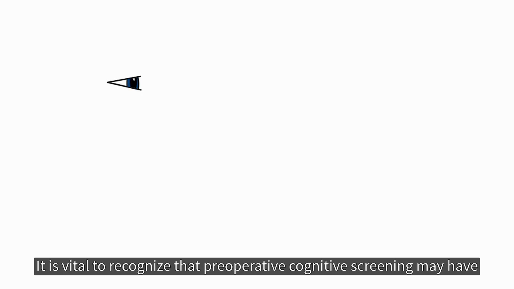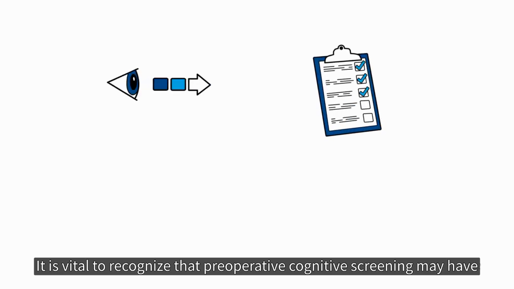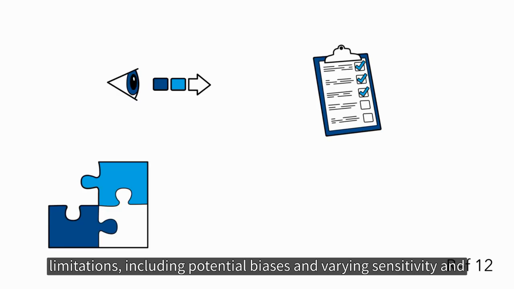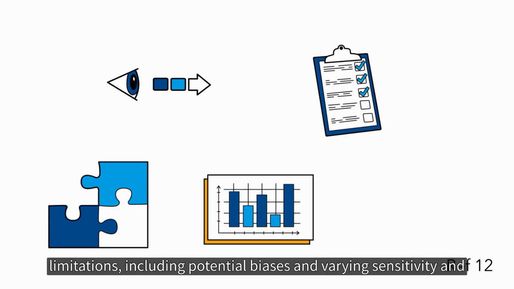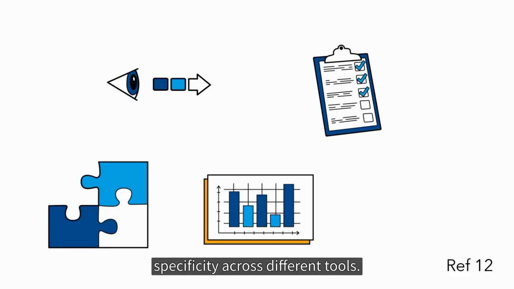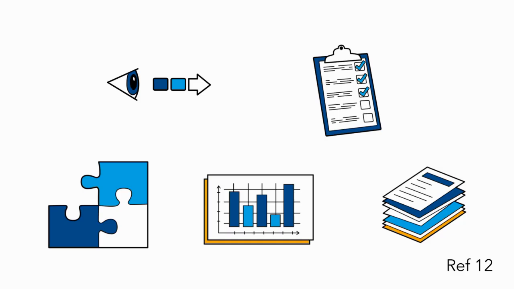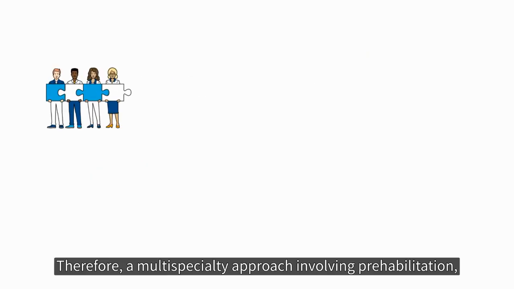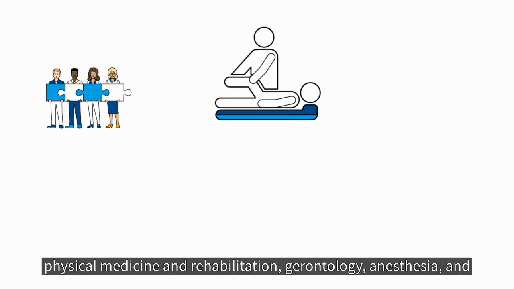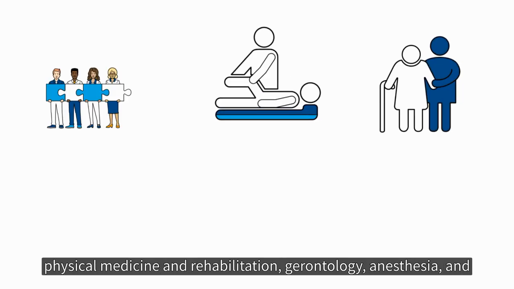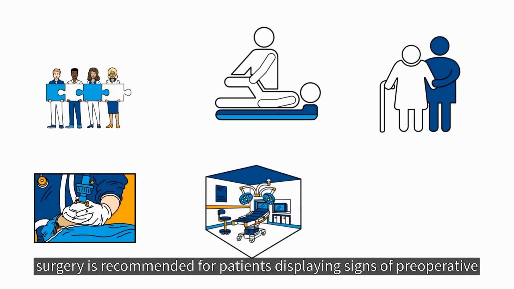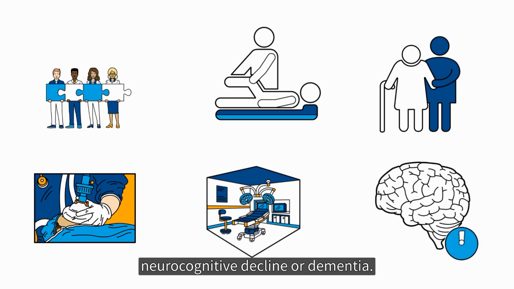It is vital to recognize that preoperative cognitive screening may have limitations, including potential biases and varying sensitivity and specificity across different tools. Therefore, a multi-specialty approach involving prehabilitation, physical medicine and rehabilitation, gerontology, anesthesia, and surgery is recommended for patients displaying signs of preoperative neurocognitive decline or dementia.